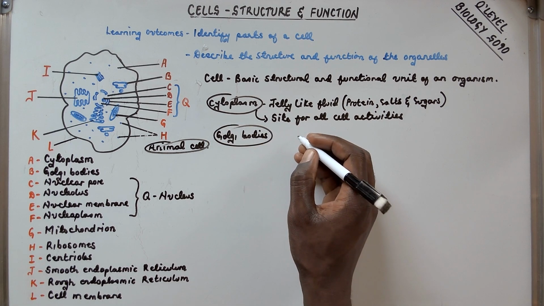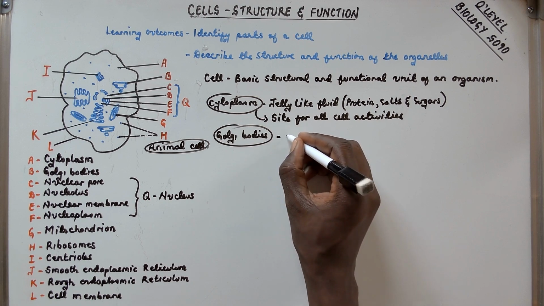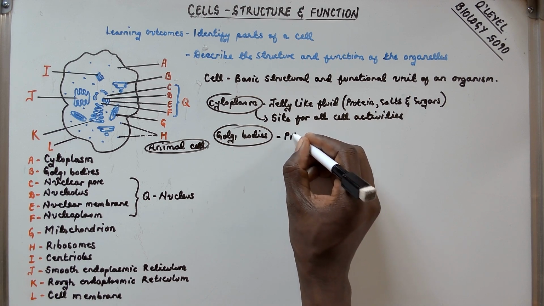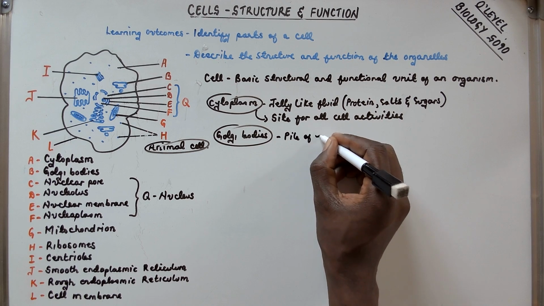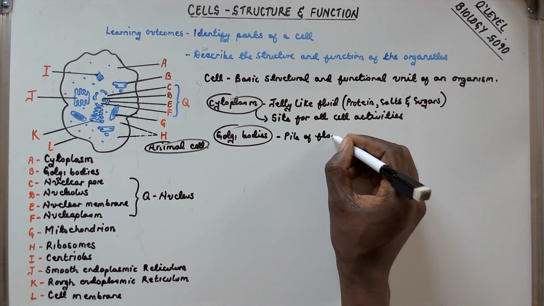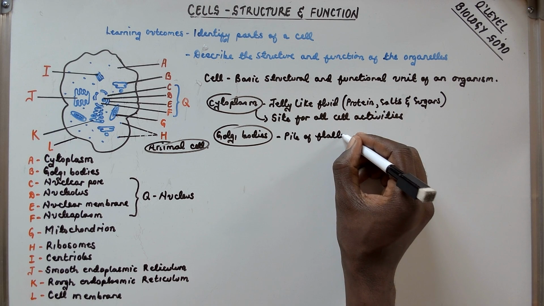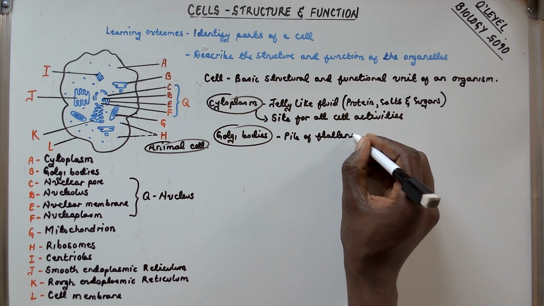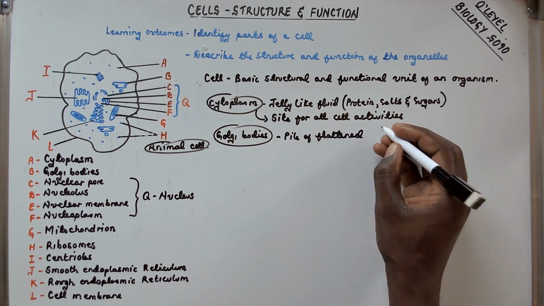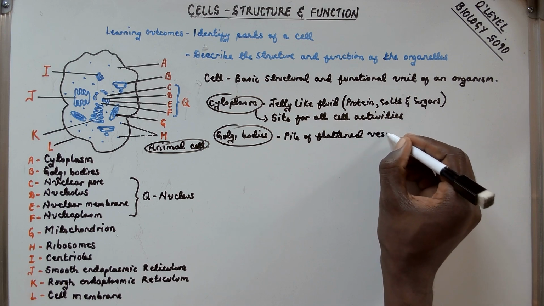Golgi bodies, what are they? Golgi bodies are just piles of flattened vesicles.